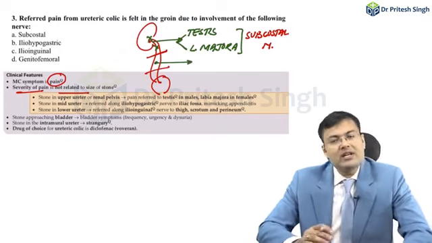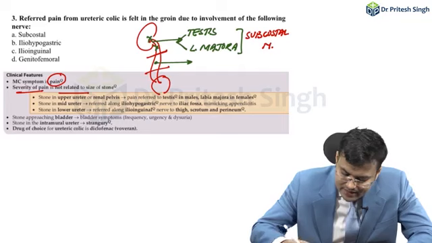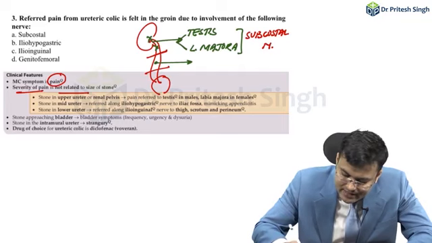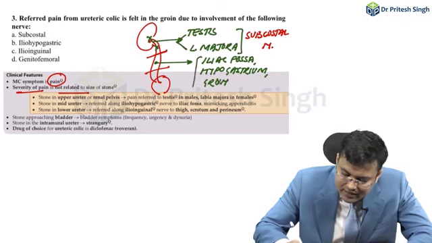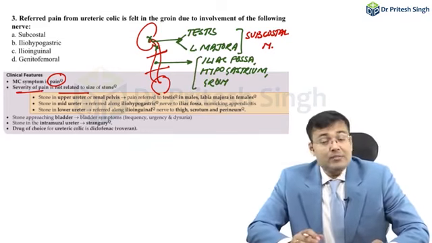If the stone is located in the middle one third, pain is radiated to iliac fossa, hypogastrium, and groin. Now, simple question.